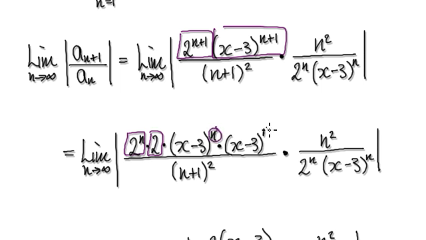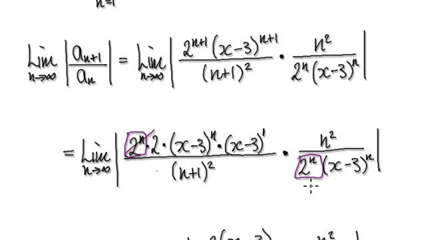So here you've got n plus 1. Here you've got n plus 1. And then this will cancel out with this. This would then cancel out with this.